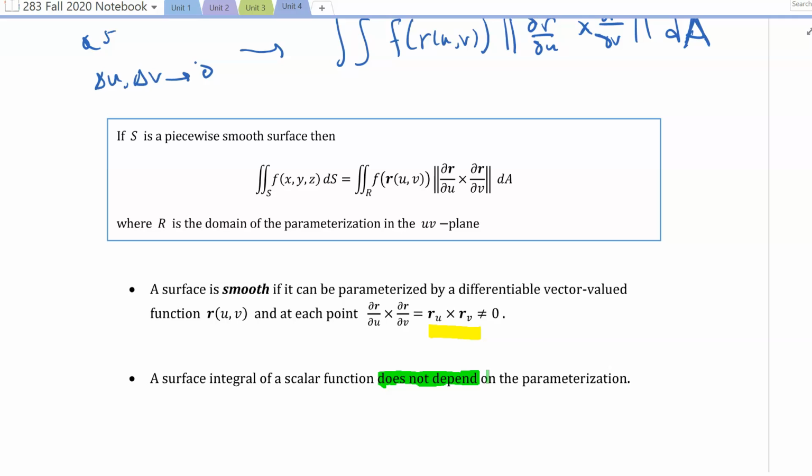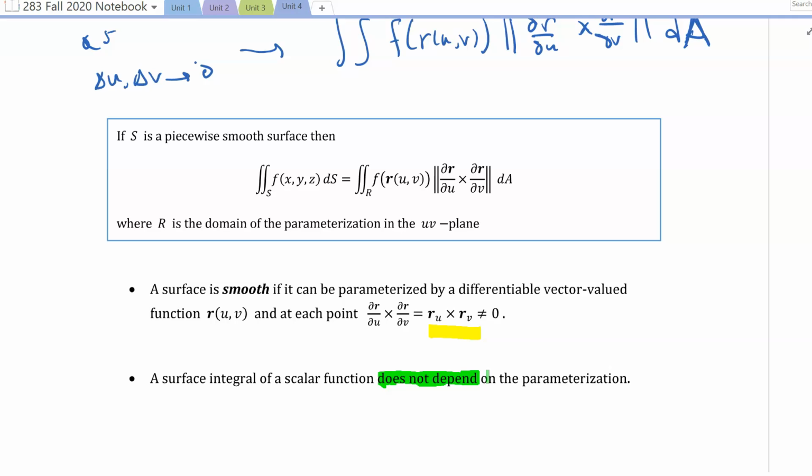In the next video, we're going to talk about surface integrals of vector valued functions and show how those can be viewed as a special case of surface integrals of scalar functions where we have to carefully choose the parameterization. Very similar to what we saw in the first video earlier on line integrals, viewing line integrals of vector fields as a special case of line integrals of scalar functions.